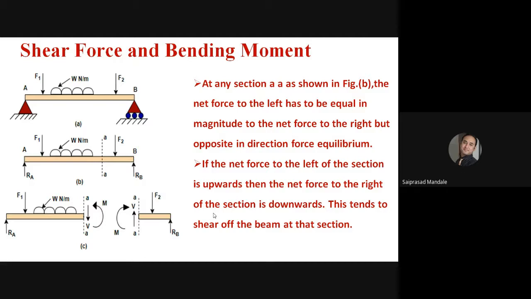The summation of the forces acting around any section on the left hand side or right hand side are equal, but opposite in direction. Such a beam, if it fails, is said to have failed due to shearing. Okay, next.